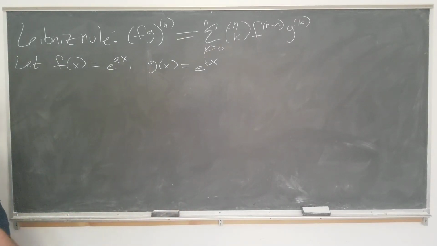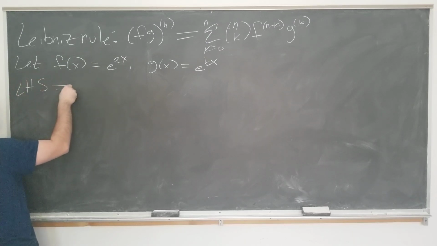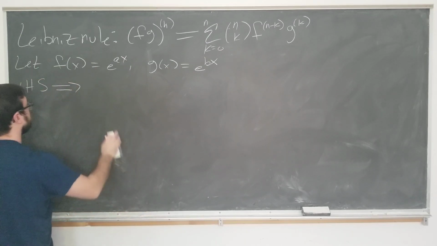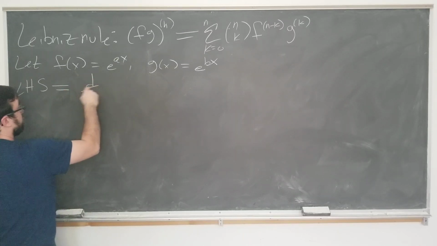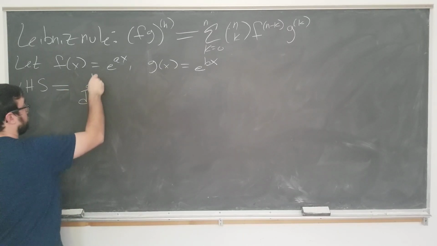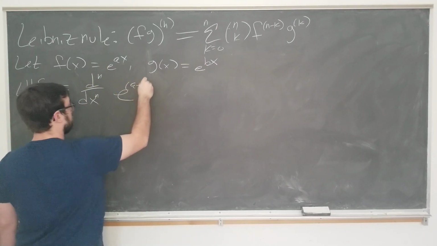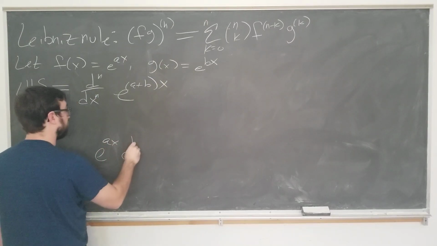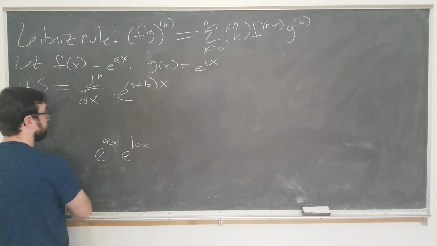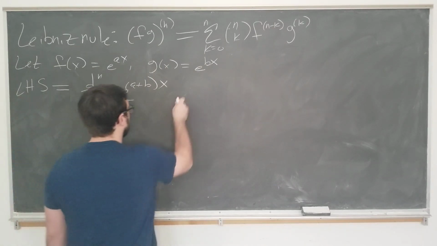Okay, so this tells us that the left-hand side is equal to the nth derivative of the product. And of course, e to the ax, e to the bx is what we have up there. We can calculate this one pretty easily.